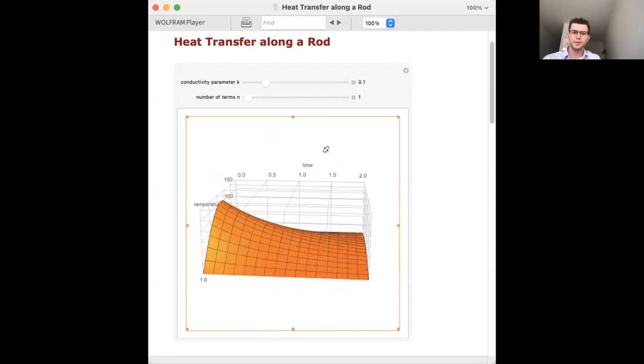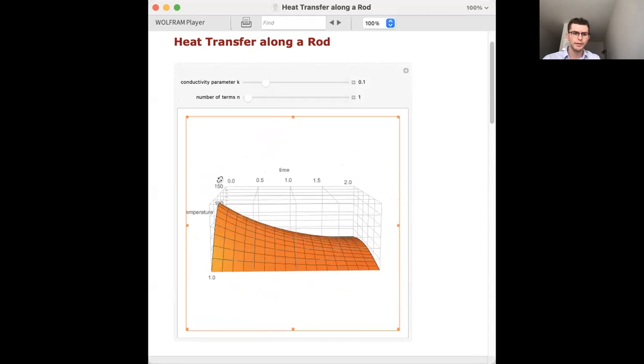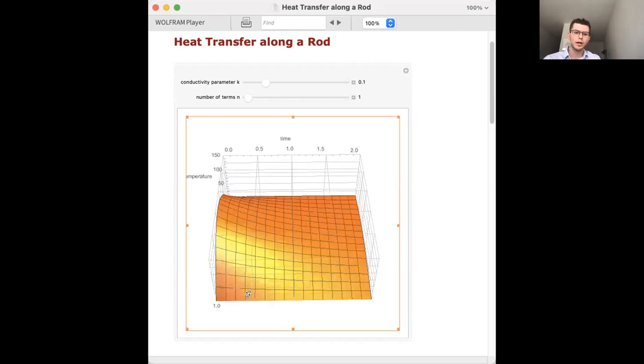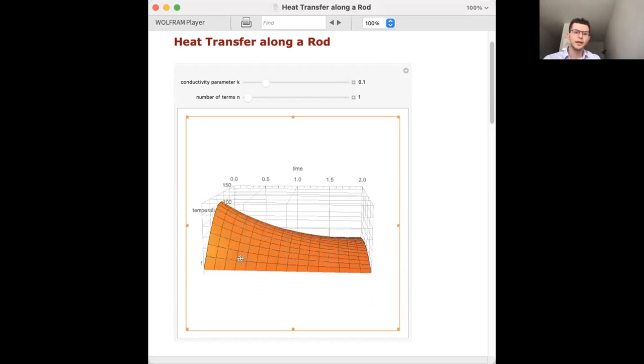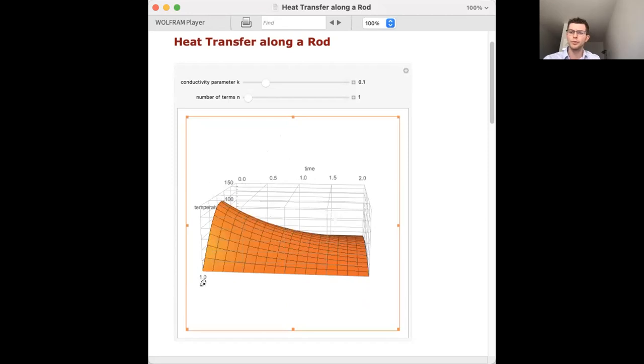this axis represents time. So as you move along these values of 0, 0.5, 1, 1.5, 2, you're letting time run by the clock. If you notice, the graph looks a bit different at the beginning at time 0, and near time 2 is already more and more uniform, right?